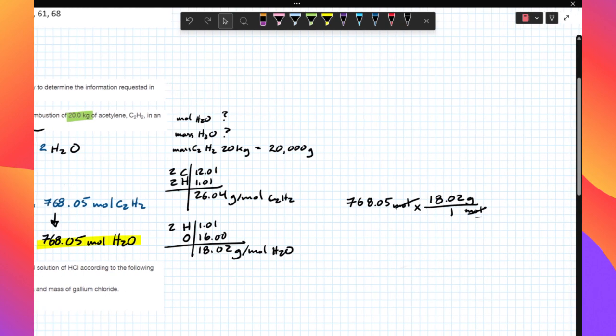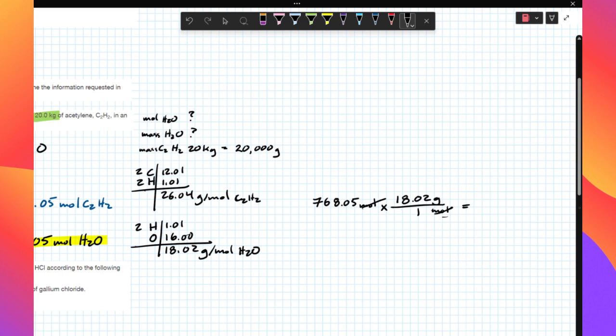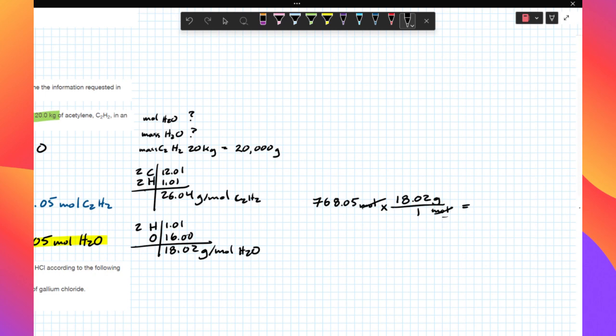Moles cancel out, and we simply multiply 768.05 times 18.02, which gives us 13,840.26 grams, the unit of measure that we're keeping.